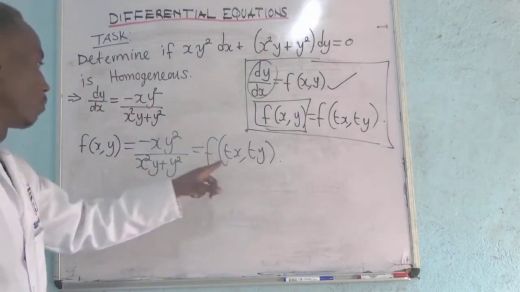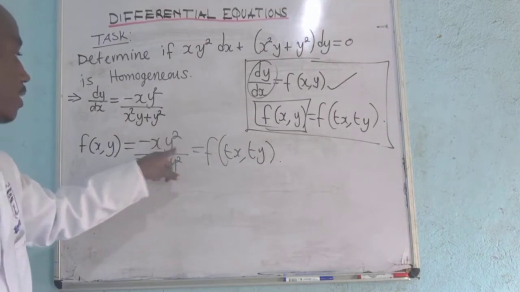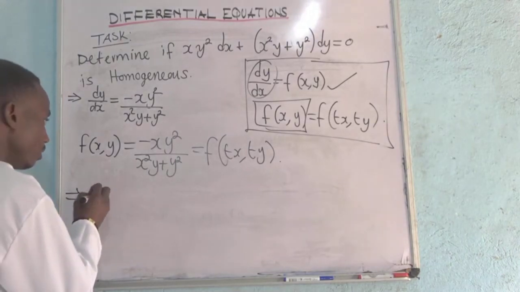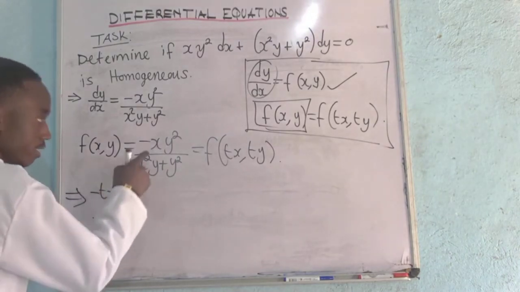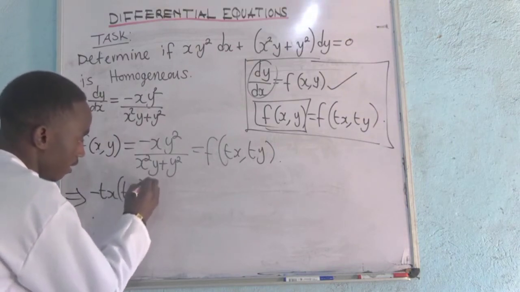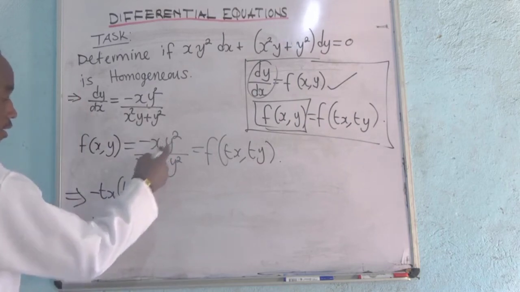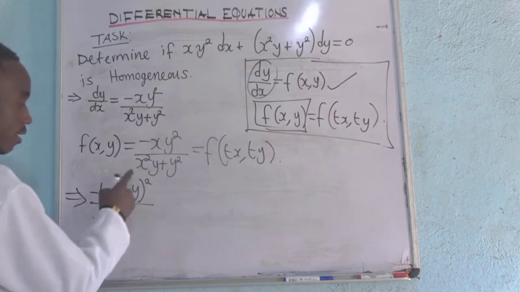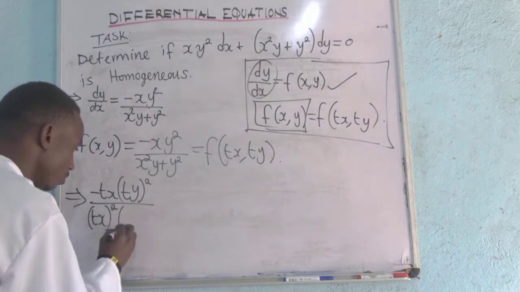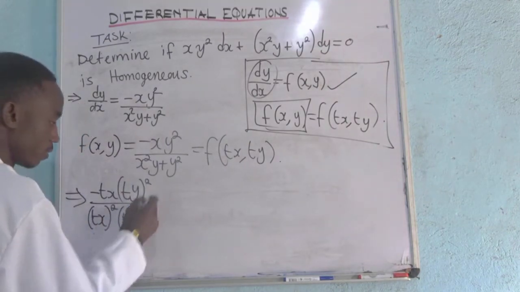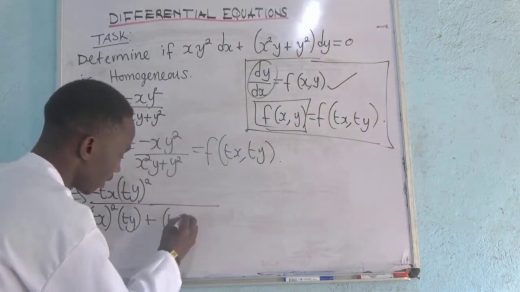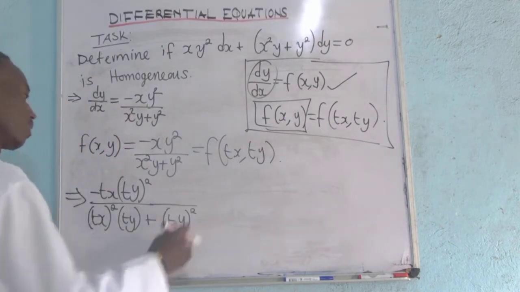So multiplying by t, it means that this will be multiplied by t, implying that what we are going to have will then be negative of t of x here times t y squared, since y is squared, and then you divide, wherever there's x now, we are saying is t of x, then this is squared, also this one will be t y, then you're saying plus. Since this one is also squared, you're going to have t y squared like that. So this is what we have.